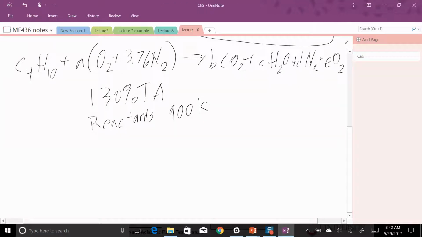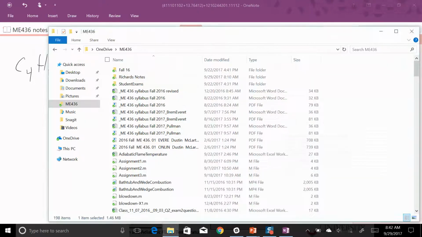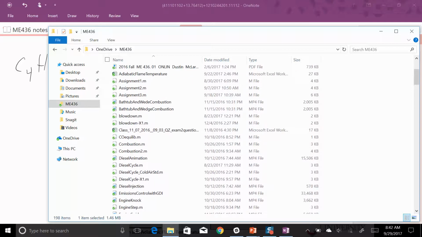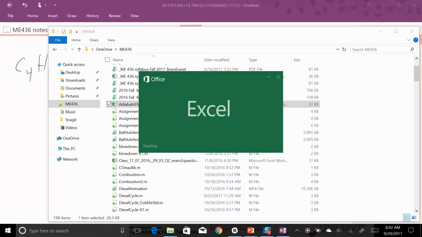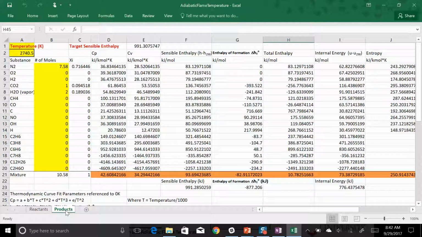So what do we need to do here to solve this? Well, what I've posted to the website is an Excel sheet called adiabatic flame temperature, and there's two sheets here. The idea is you're going to put in the first sheet what your reactants are, and in the second sheet we're going to put the products.